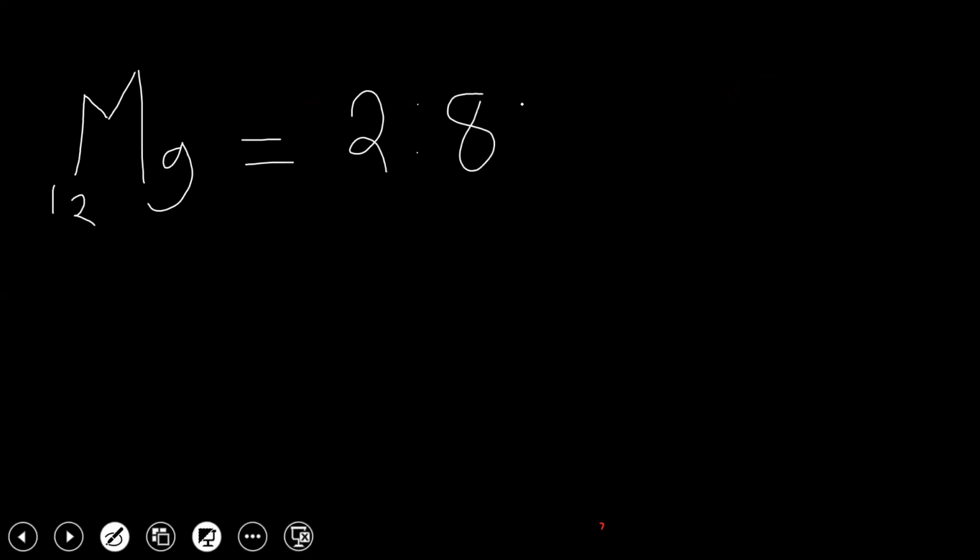So if I write, for example, let me consider magnesium. Now magnesium has atomic number of 12. So it means its electron configuration is 2,8,2.